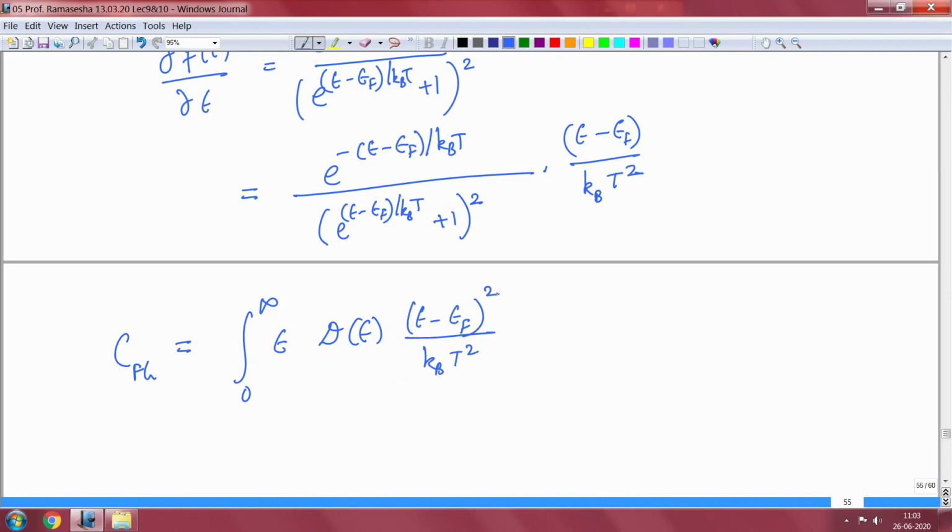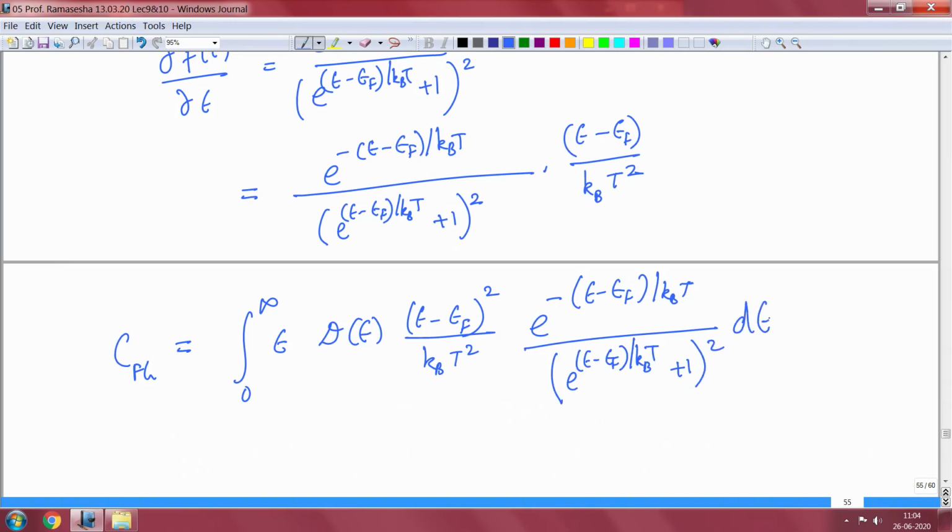There is a square term here because I have an (epsilon minus epsilon_F) to begin with, and I have e to the (epsilon minus epsilon_F) by kBT divided by (e to the power (epsilon minus epsilon_F) by kBT plus 1) the whole squared, times d epsilon.